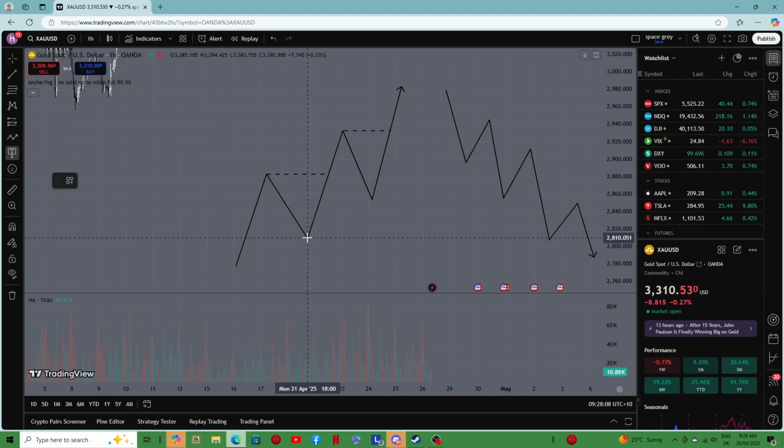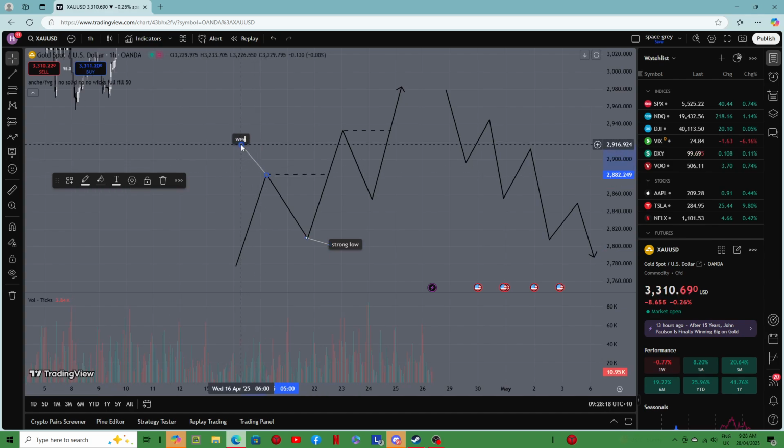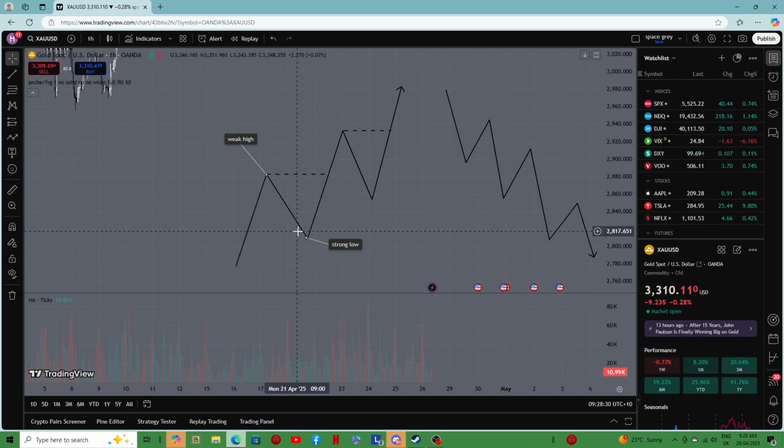So now this here is a strong low, and this here is a weak high. The reason for this is because price came up, formed a higher high, came down, and then pushed up. So price was able to go higher than this, making this a weak high.